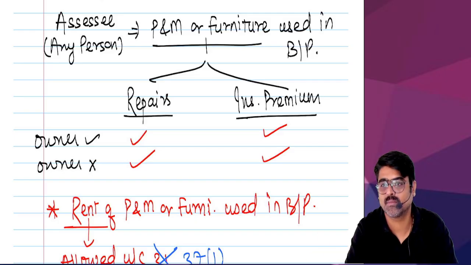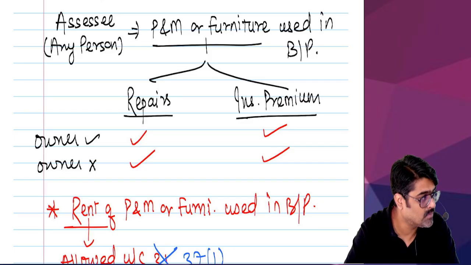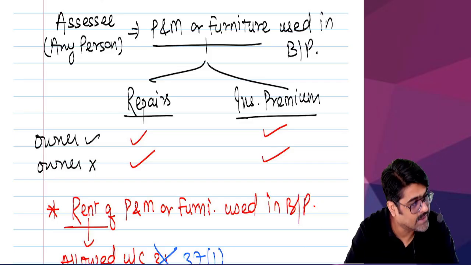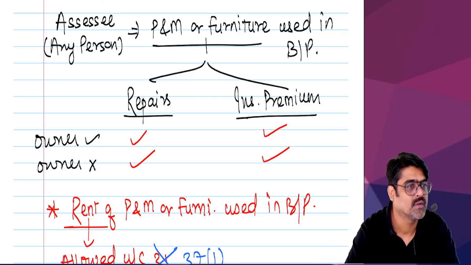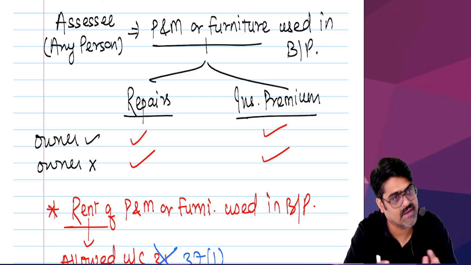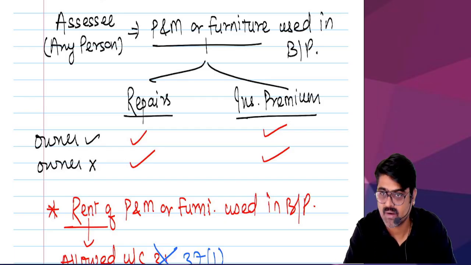Some furniture was broken. I got it fixed. So what am I doing? I am incurring the expenditure to keep the furniture in its working condition. So all the expenditures which I incur like this are current in nature, and will be allowed under section 31.